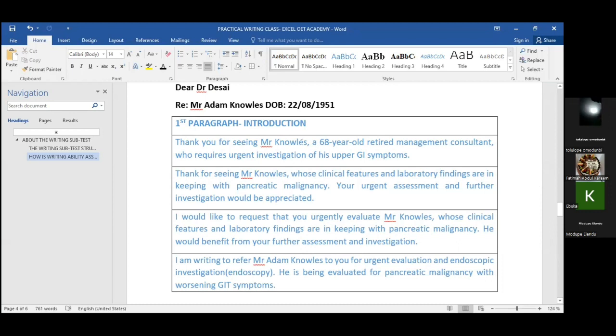But in all of this, one, what is the purpose of your letter? In this case, urgent referral, so it must reflect in your introduction. Two, what do we want the receiver of the letter to do? In this case, we want him to evaluate and probably do endoscopic or investigative findings for this patient.